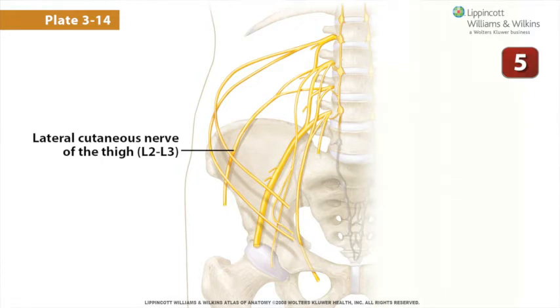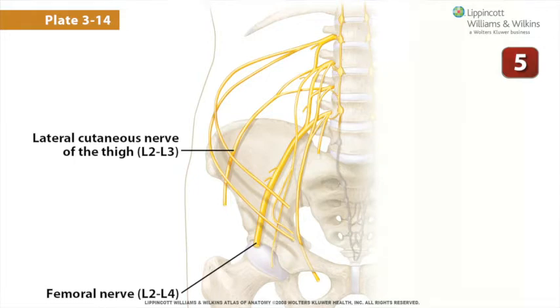Medial to the lateral cutaneous nerve of the thigh, the femoral nerve extends just beyond the lateral border of the psoas major and descends between it and the iliacus muscle, to which it provides motor innervation. The femoral nerve passes deep to the inguinal ligament to enter the anterior compartment of the thigh, where it divides into extensive muscular and cutaneous branches.